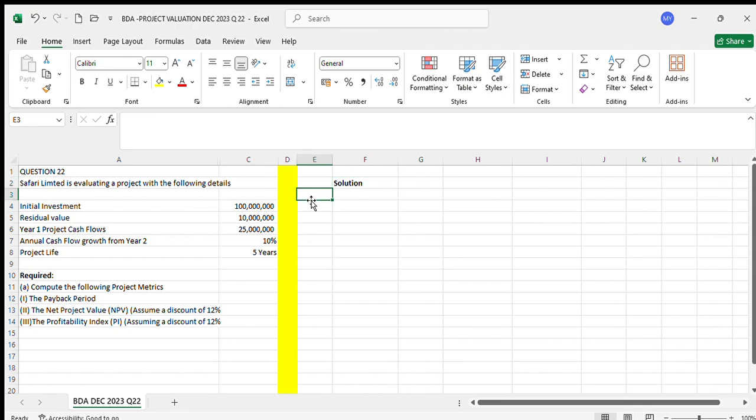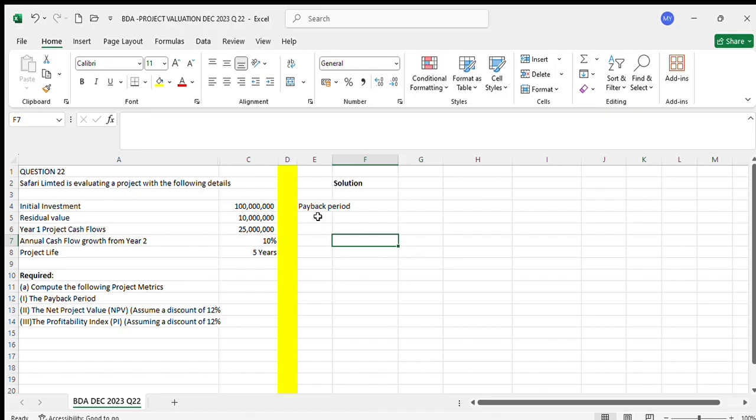So we start with the payback period. I know all of you understand payback period, since for the CPA student you have learned this in financial management and also advanced financial management.